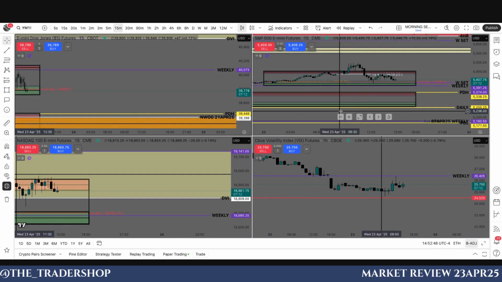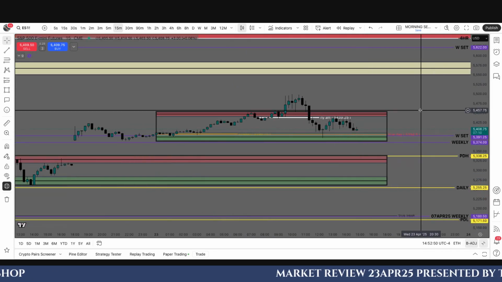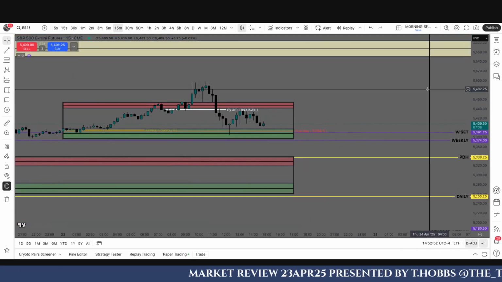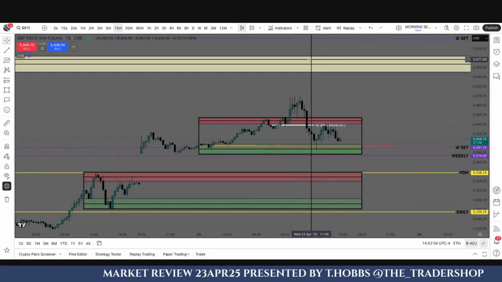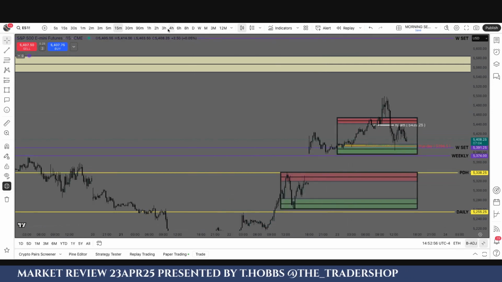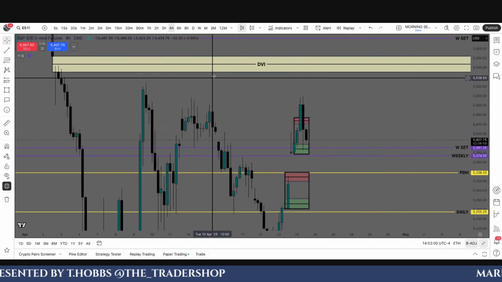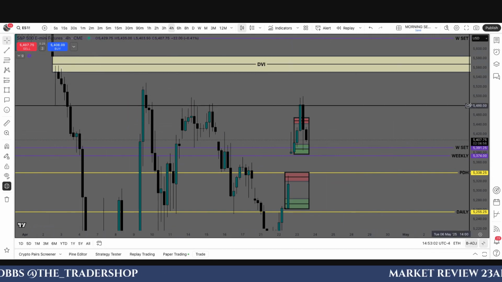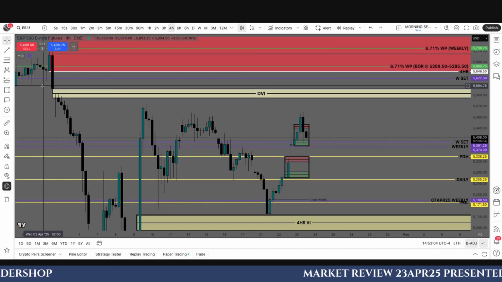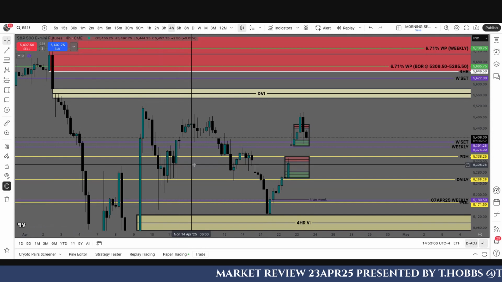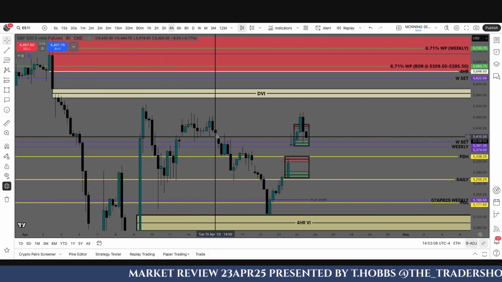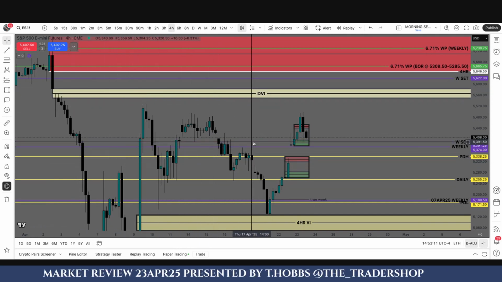All right, moving over to the S&P 500. Remember, I told you the NASDAQ was the stronger instrument. Look how far, this is the 4-hour DVI, or the daily DVI, or the daily volume imbalance on the S&P. Look, we're nowhere near it on the S&P, nowhere near it. So the S&P closed this DVI, but it has another one up here and it was nowhere near it.